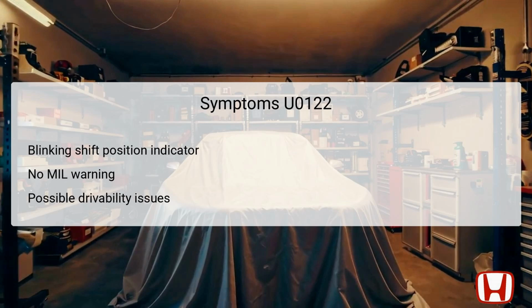In some scenarios, drivers may experience drivability issues, especially under conditions where stability control is critical. Failure to address these symptoms can lead to more severe vehicle performance problems, potentially affecting safety and control during operation. Proper diagnosis is essential, not just to clear the error, but to ensure the vehicle operates reliably.